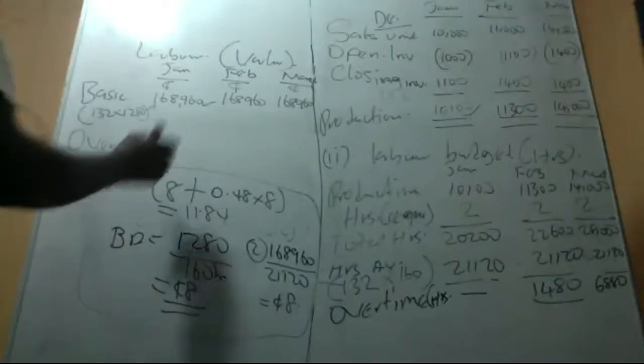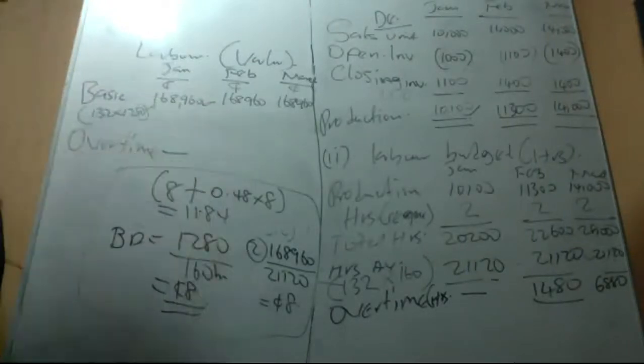So when you come here, the overtime is what? For January, there's no overtime, so it will be a dash.